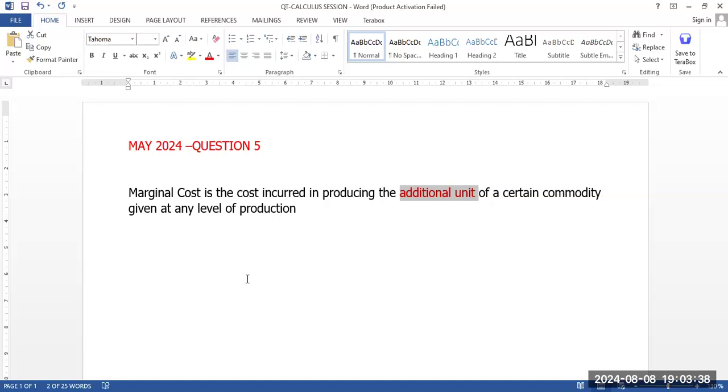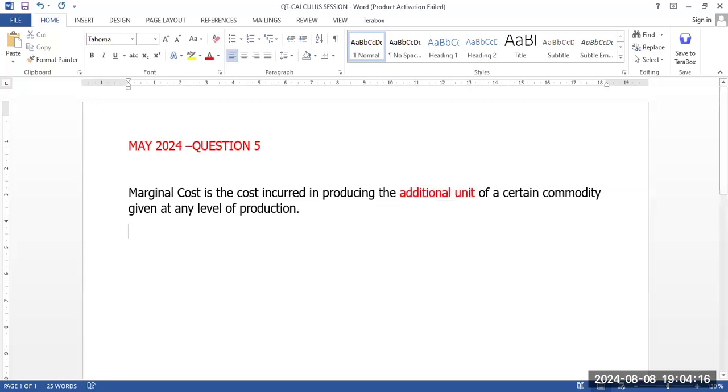The marginal costs are the additional costs you're going to incur if you want to produce additional units. So after 100 bags, if you want to produce 20 more bags, then the marginal cost will be the costs you're going to incur on those additional 20 bags.